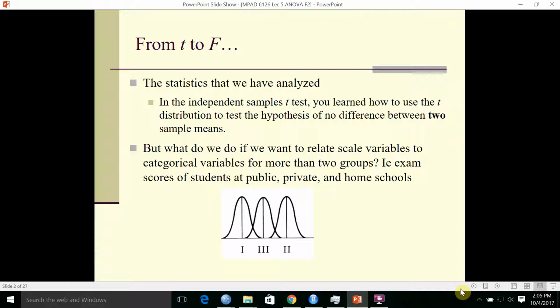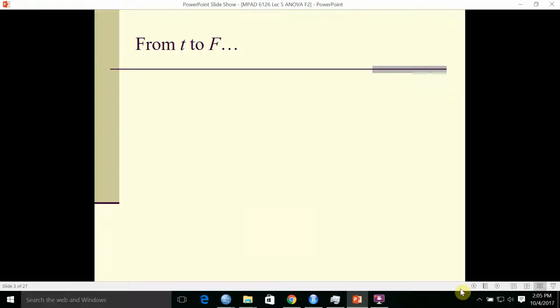Or we might want to say public, private, charter, and homeschool and see if there is a significant difference anywhere between any of them before we go on to look at is there a difference between public and all the others. So if we have multiple groups like that, then we would want to use the ANOVA test or the F test.